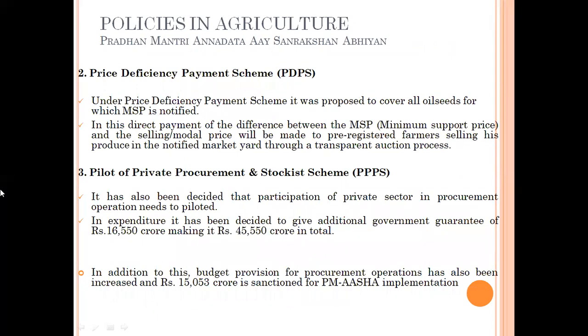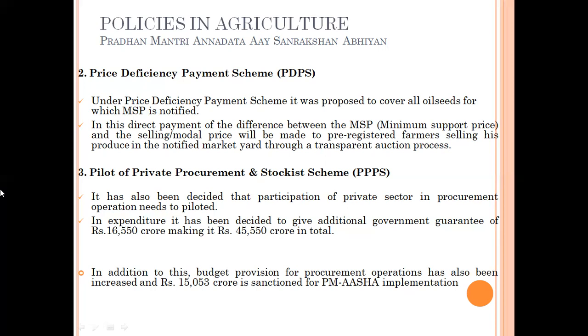The second part is the Price Deficiency Payment Scheme. Under this scheme, it was proposed to cover all oilseeds for which minimum support price is notified. In this, direct payment of the difference between the MSP and the selling price will be made to the pre-registered farmer selling his product in the notified market yard through a transparent auction process.